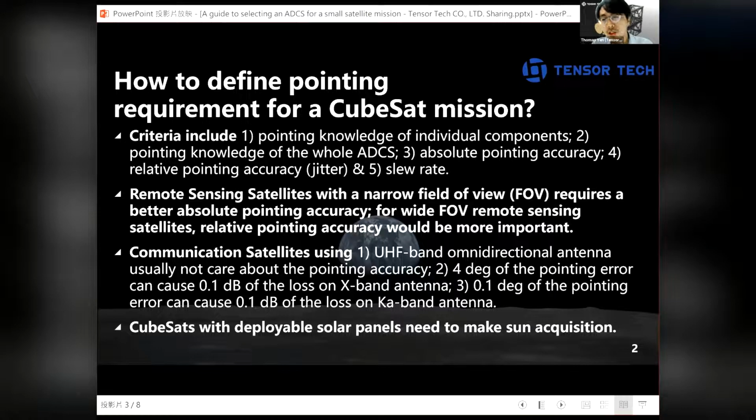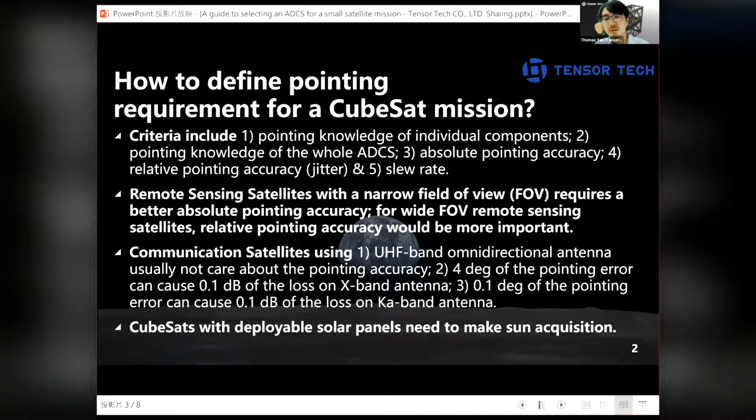And then while you are installing this integrated ADCS into your spacecraft, there will be another misalignment, so the overall pointing knowledge of the spacecraft will be lower. And if you are installing a payload onto this spacecraft, the pointing knowledge or pointing accuracy of this payload will be lower. So these are things users should keep in mind while making their criteria.